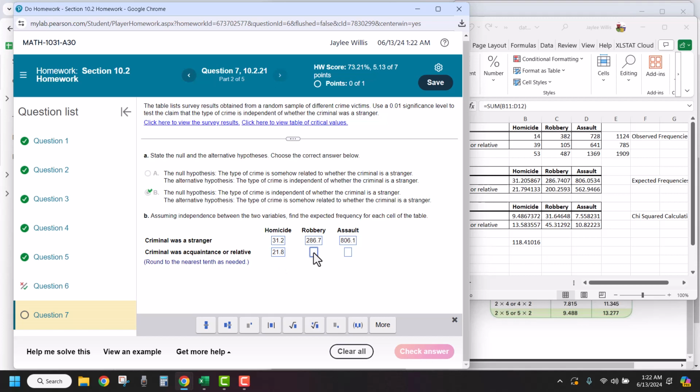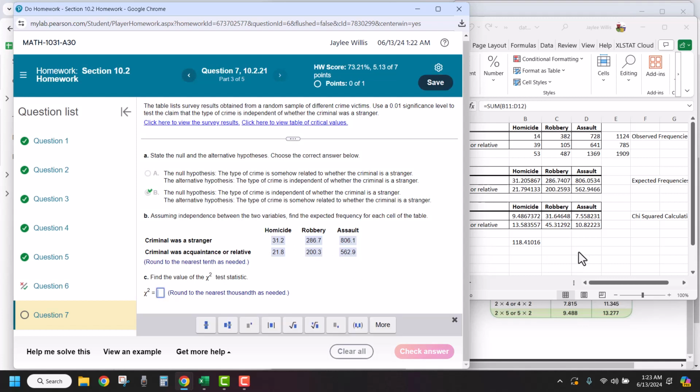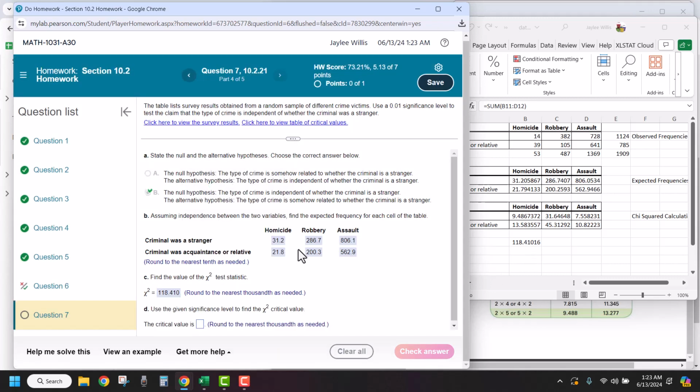And 200.3 and 562.9. So that's basically filling that part out. And then the chi-squared value was 118, and they want me to round to the nearest thousandth, which is the third decimal place. So I'll round it to that.